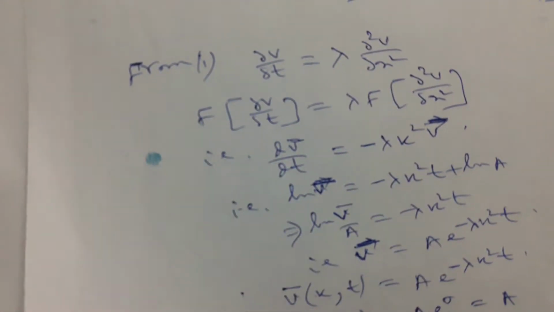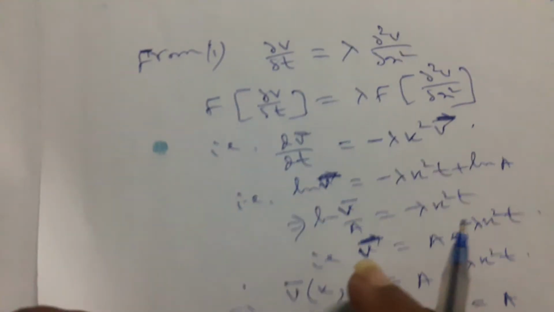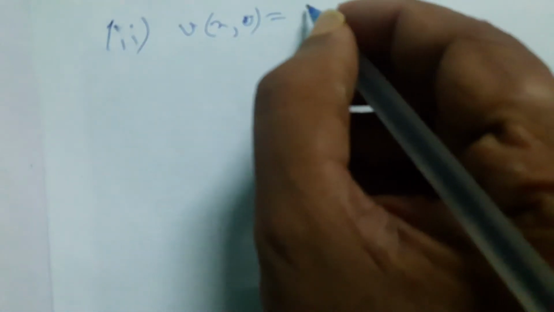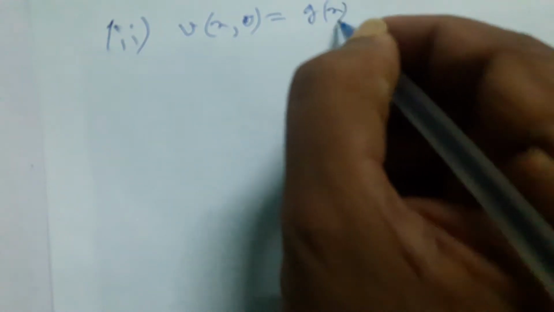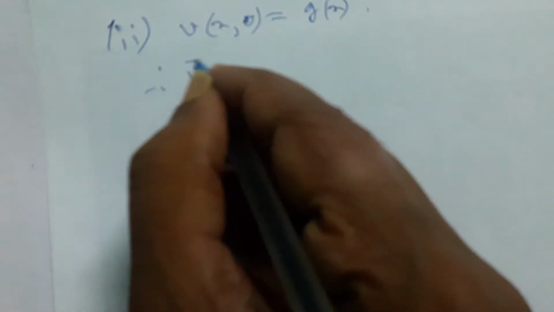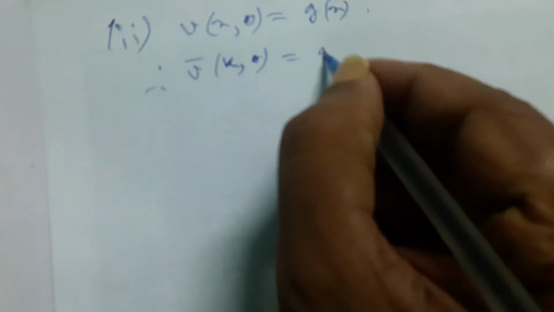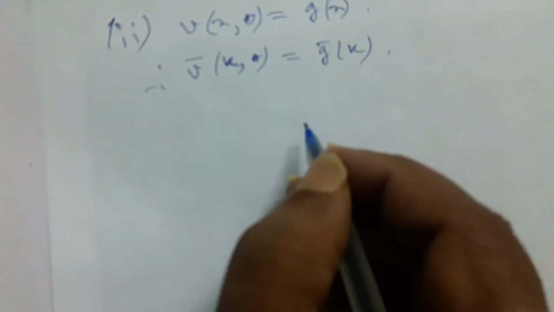And from the conditions, we rewrite the second condition, V(x,0) is equal to G(x). Therefore V bar of k,0 will be G bar of k.